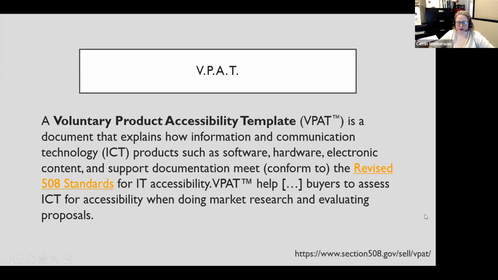So what does VPAT stand for? VPAT stands for Voluntary Product Accessibility Template. The VPAT itself is the beginning stage. It's a template created by the ICT, and there are a couple different versions of a VPAT. There are 4 different versions depending on what you're asking for, where you are.